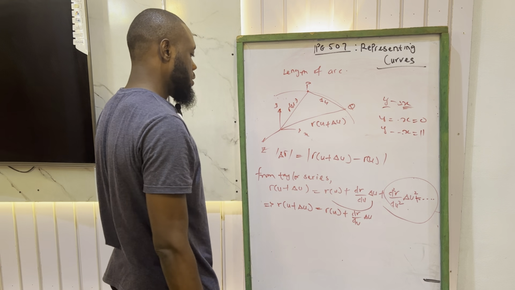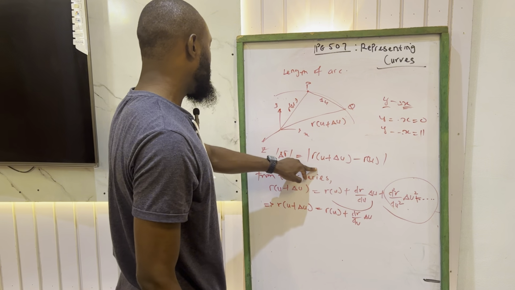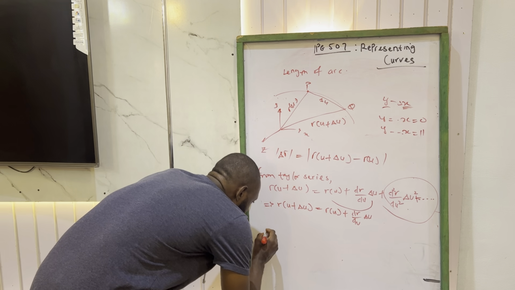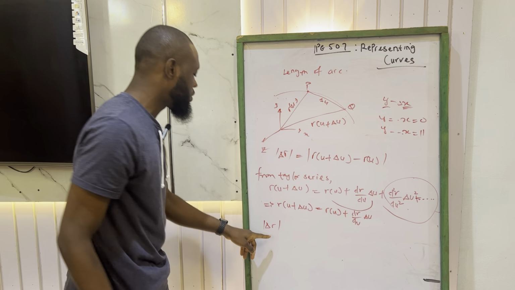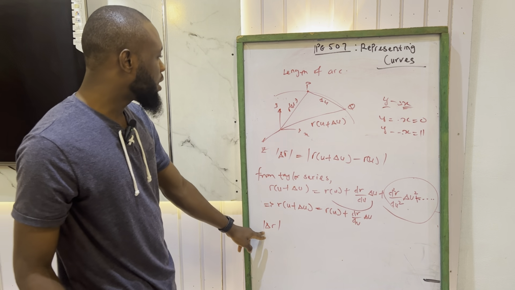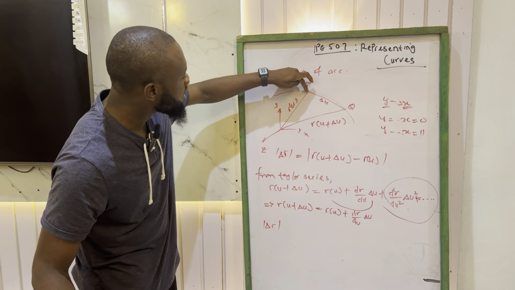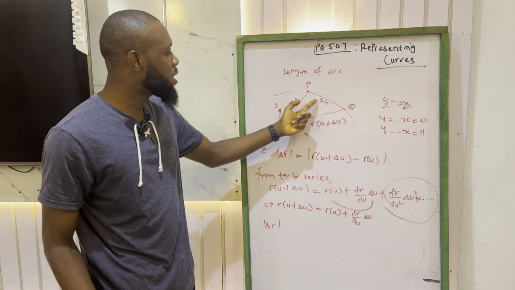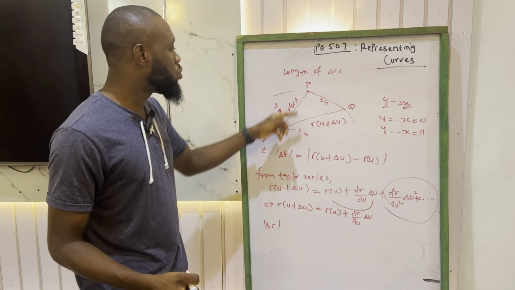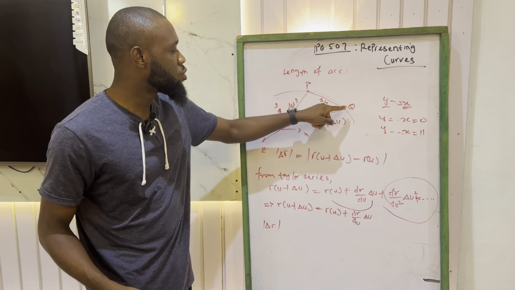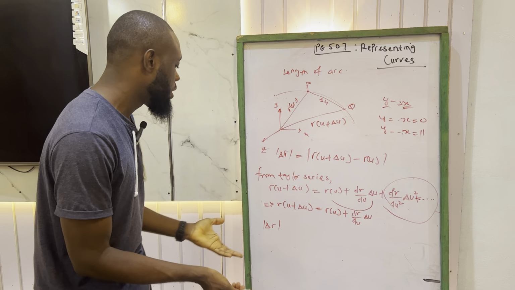Right. So now let's bring it back to where we added it here. So that is delta R, the magnitude of change in R. Again, delta R is basically just the distance between this and this, because there's a change in U, delta U. That means there must be a change in R, which is delta R, equivalent to the distance between this and this. I'm just reiterating.